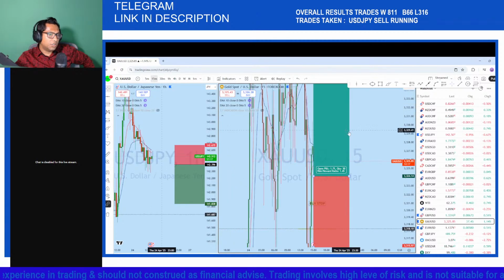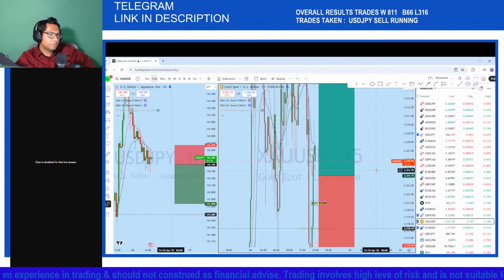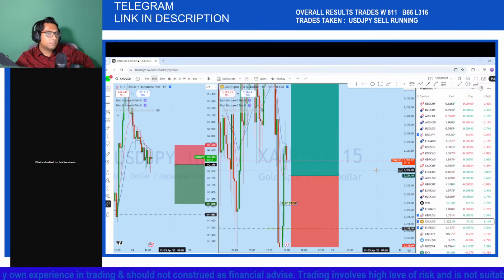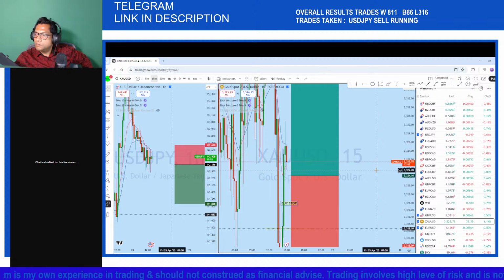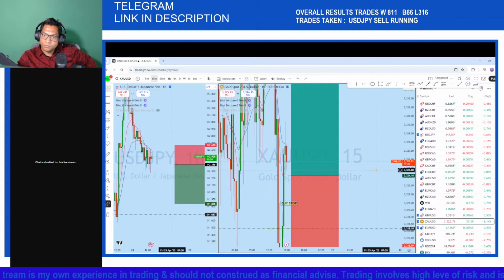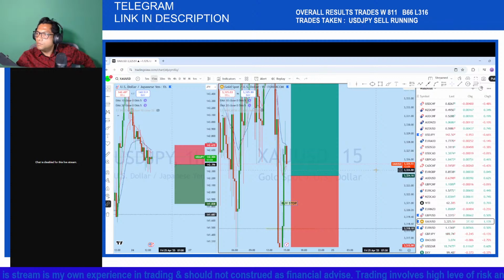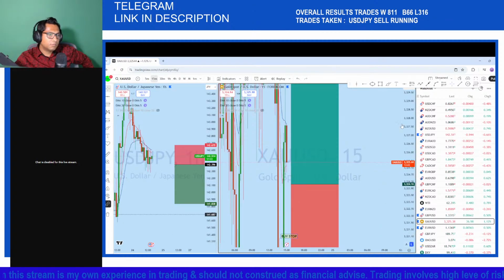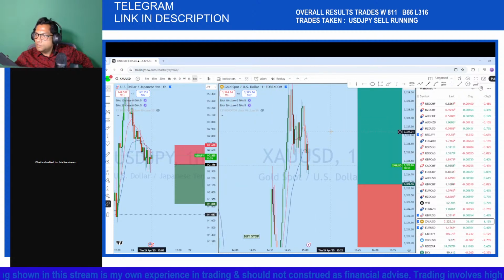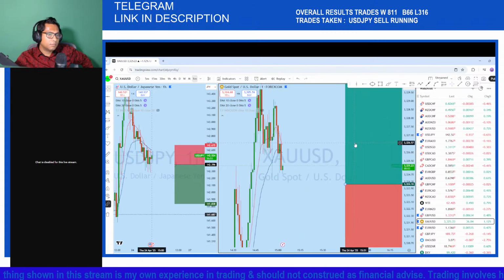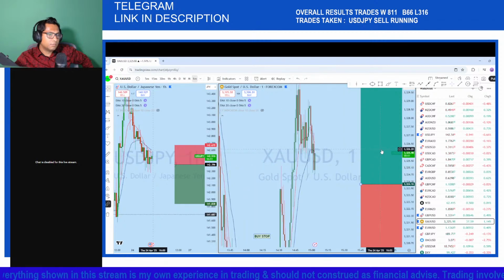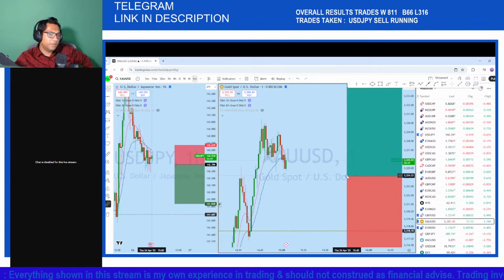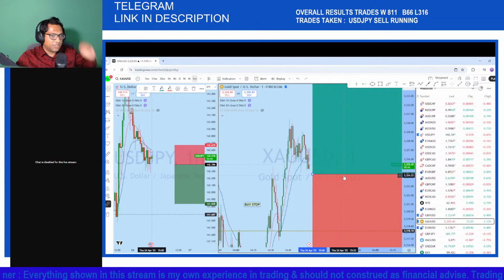So we are almost at entry. It's a very interesting price action here.